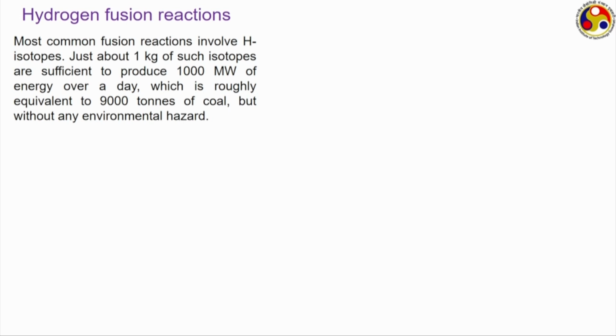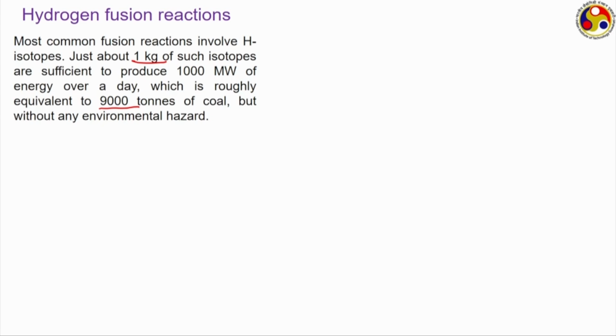And the same amount of energy we can get from fusion reaction just by using 1 kg of total deuterium and tritium. Just compare these two numbers. We are talking about 1 kg of reactants here and 9000 tons of reactants on the other side. And also, what is the end product of that reaction?